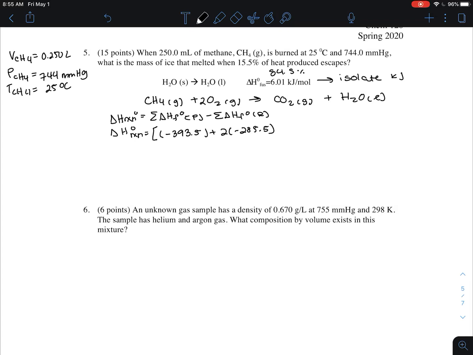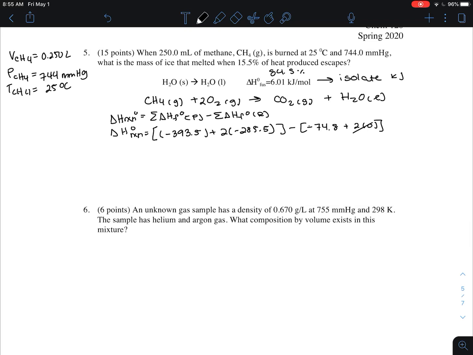So then you would have 1 times negative 393.5 plus 2 times negative 285.5. Now this is the heat of carbon dioxide and the heat of water, minus methane, negative 74.8, plus 2 times 0.